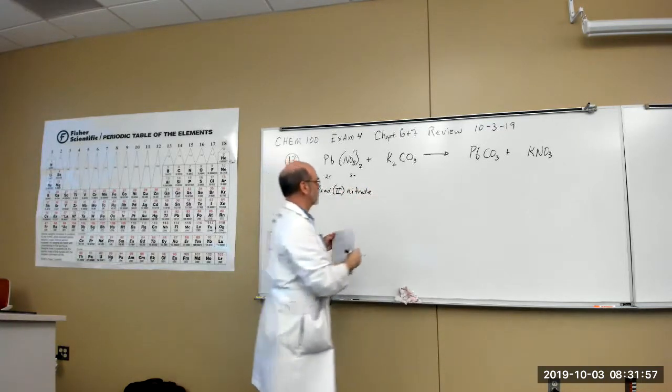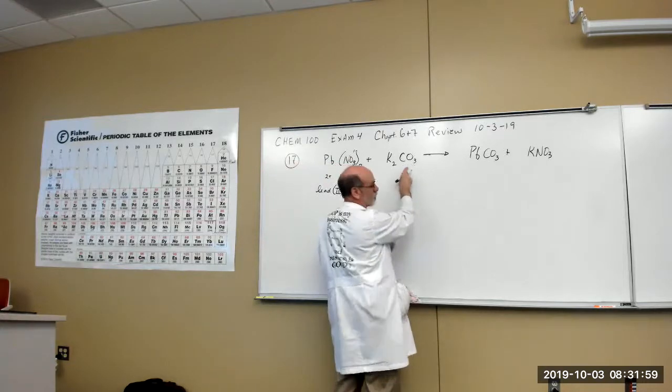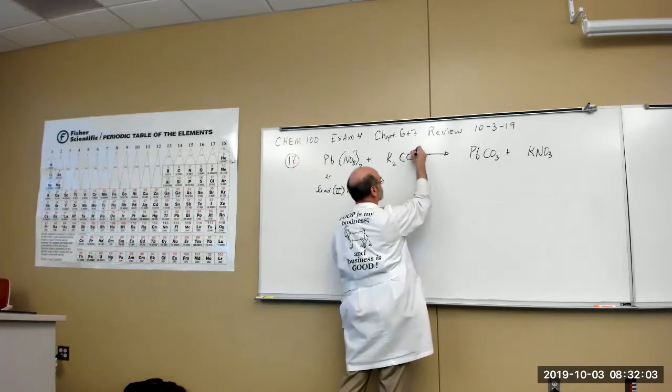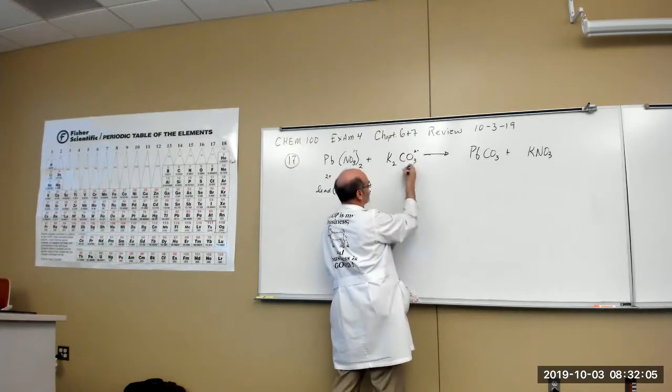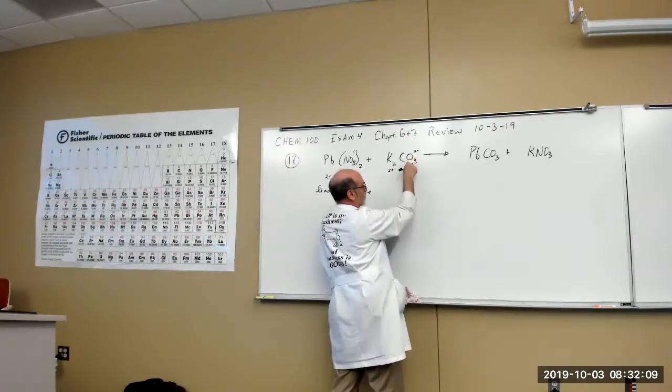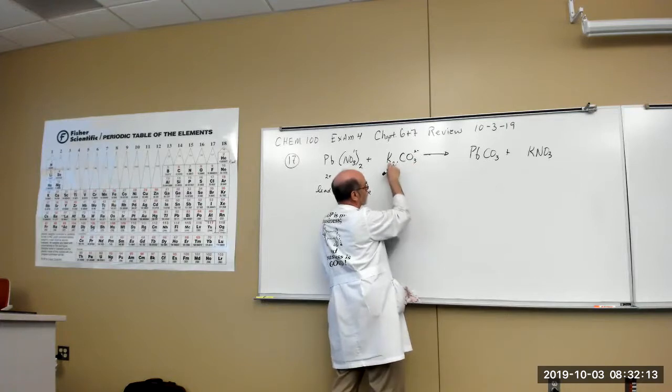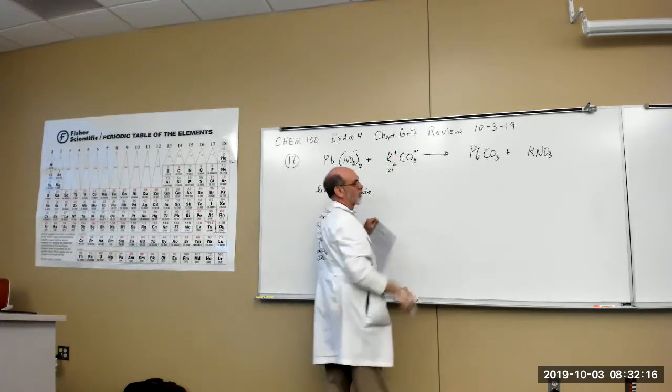Okay, how about this one? There's another polyatomic. Carbonate. Carbonate is 2 minus. And this one is 2 of those. To balance it, 1 of these, 2 of these would be 2 plus, balance is 2 minus. So that means each one of these has to be 1 plus.